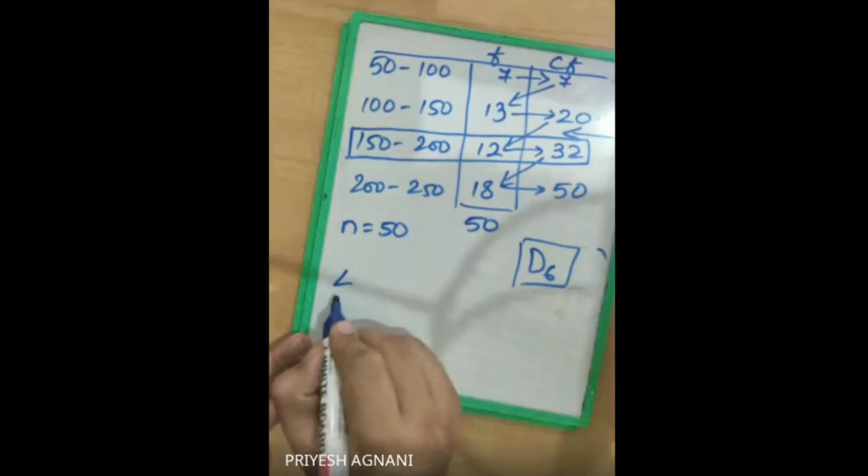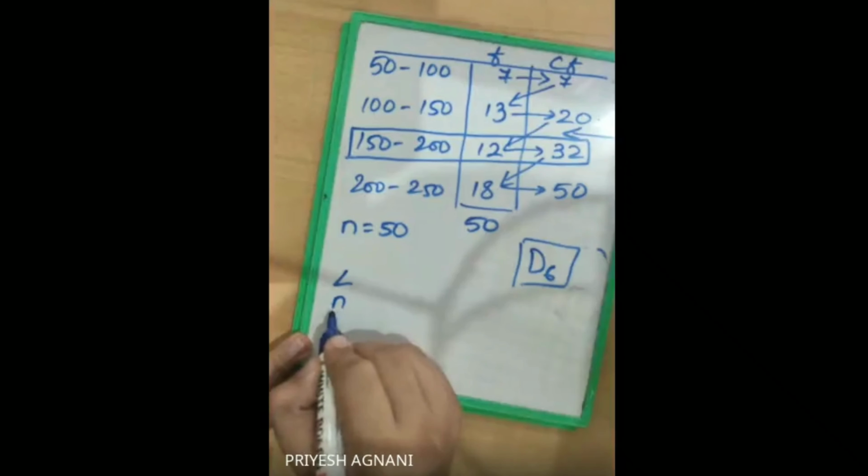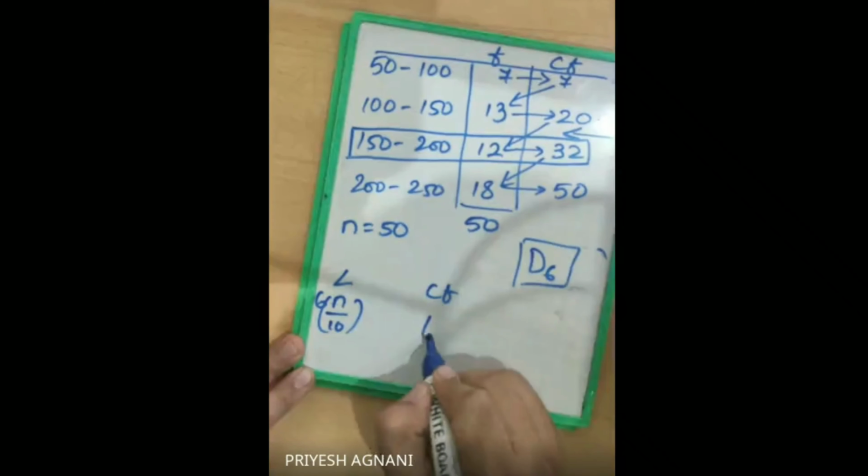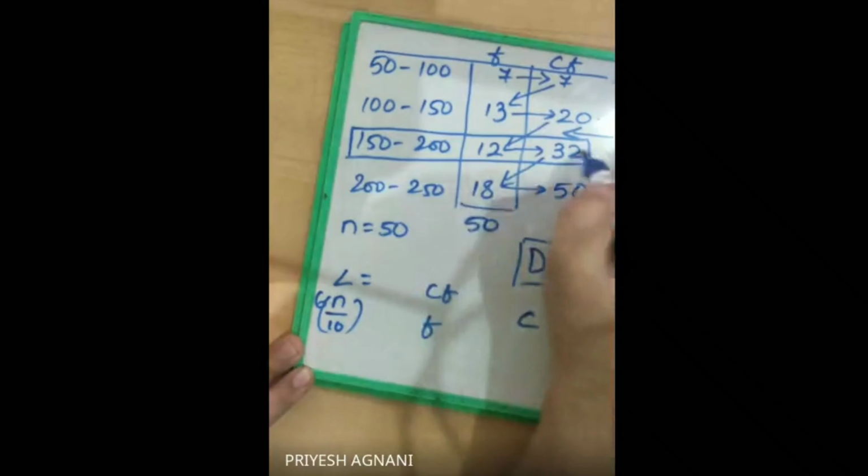We have to find 5 things: L, n upon 10, CF, F and C.